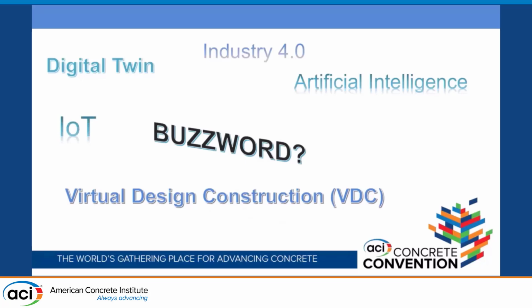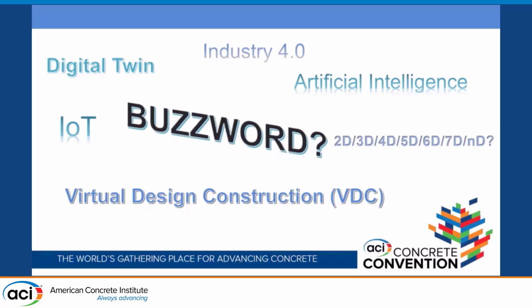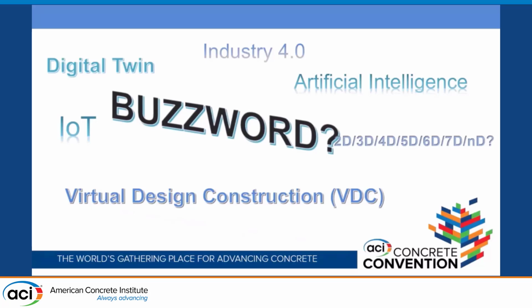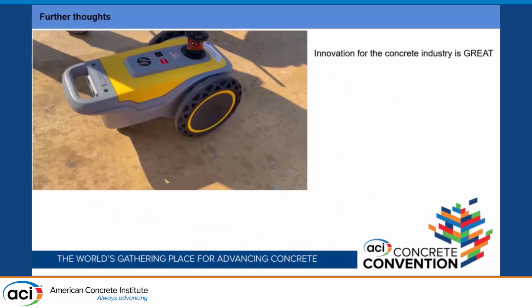I just show some examples of the words, and 2, 3, 4, 5, 6, you name it, how many dimensions. So are they really buzzwords? Well, in my opinion, they're not, but they exist to improve our efficiency and productivity, the way we work, and that's how they push the industry forward with new technology.